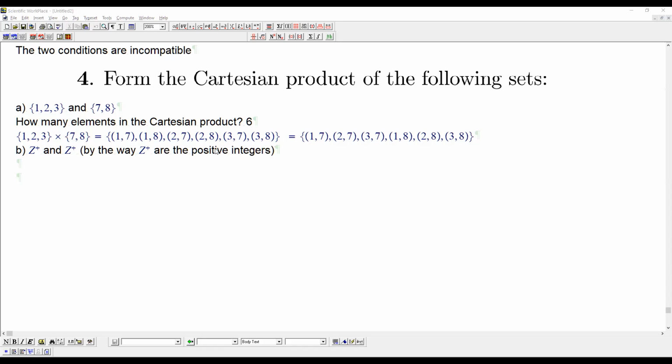I think it doesn't include the 0. So you could say that Z plus equals 1, 2, 3, 4, and so on, which is just equal to the natural numbers too. Think about how you would write it in your own way, and then I can give you different ways of writing it.